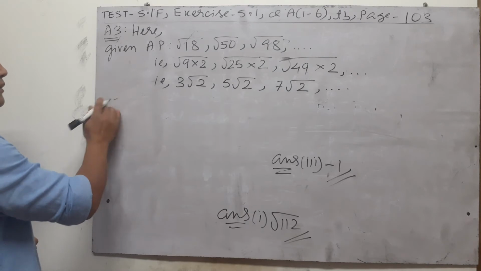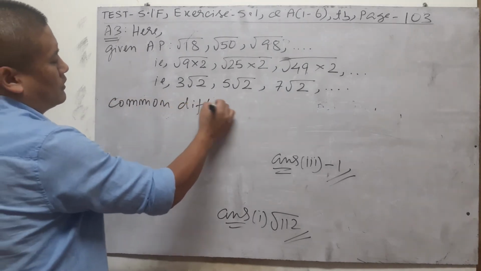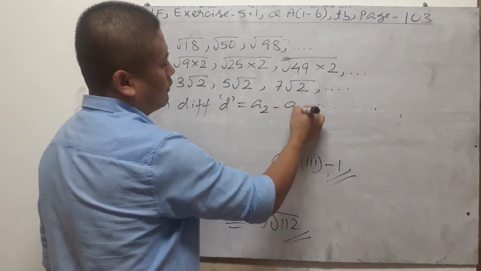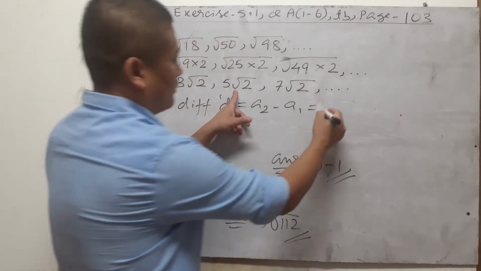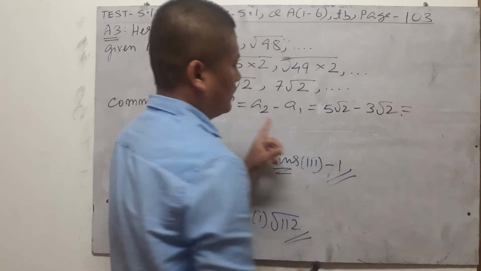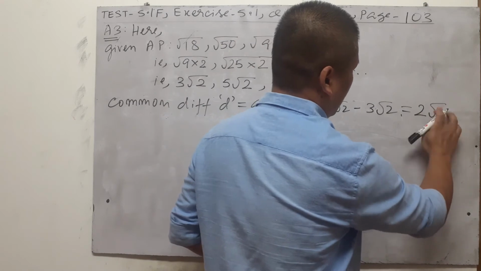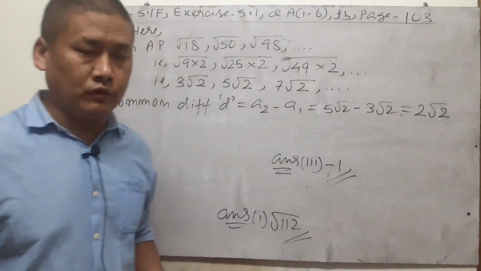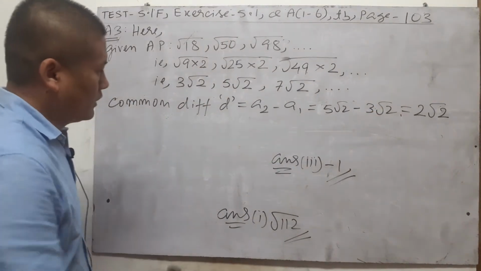To find the next term, we need the common difference. The common difference, usually denoted by D, is A2 minus A1, which will be sufficient. A2 is 5 root 2 minus A1, which is 3 root 2. It's something like 5x minus 3x is plus 2x, so here it is 2 root 2. So that is the common difference.